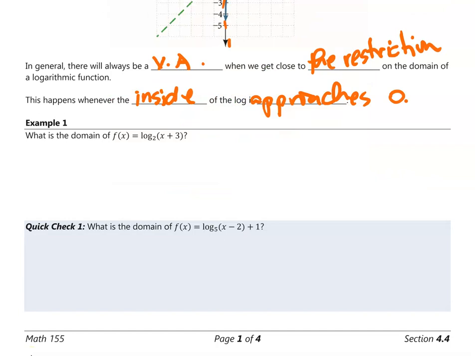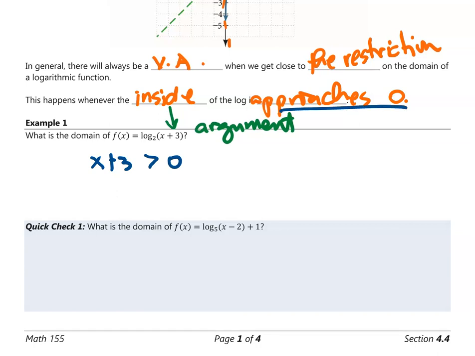What is the domain of f of x equals log base 2 of x plus 3? Here, what's inside the log is x plus 3, or this is what you call the argument. And let's use that: x plus 3 greater than 0.